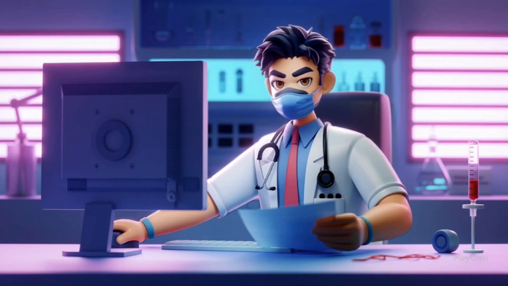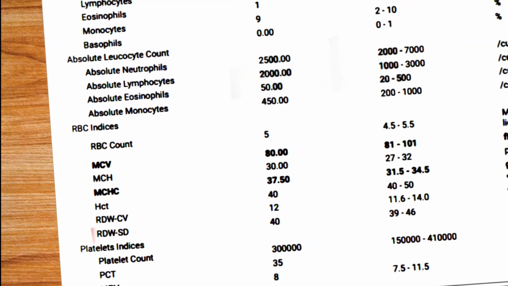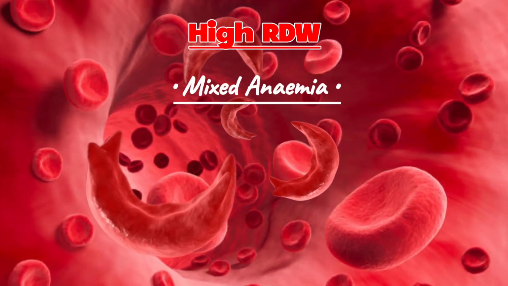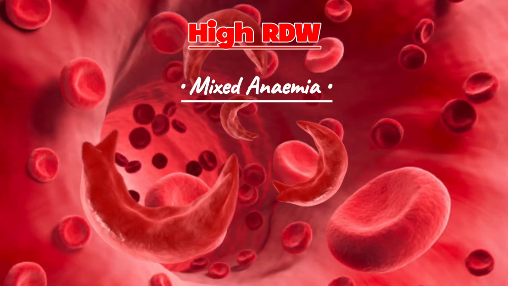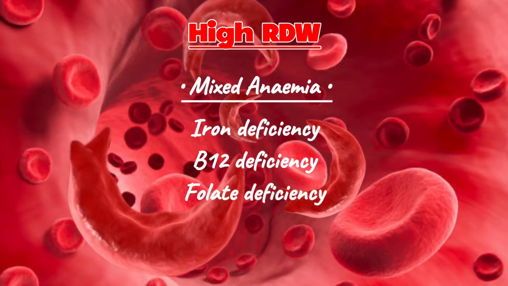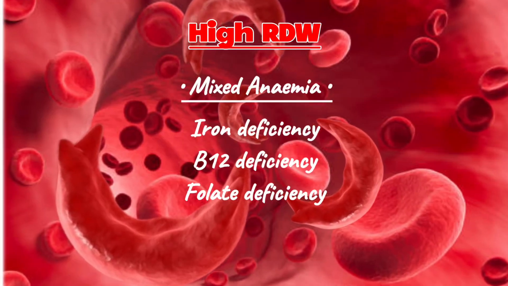Just like RDW-CV, RDW-SD also measures the variation in the size of red blood cells. The normal range of RDW-SD is between 39 to 46 fL. High levels of both RDW suggest mixed anemia or a variation in cell size due to conditions like iron, B12, or folate deficiencies. It helps in assessing iron deficiency anemia at an early stage.